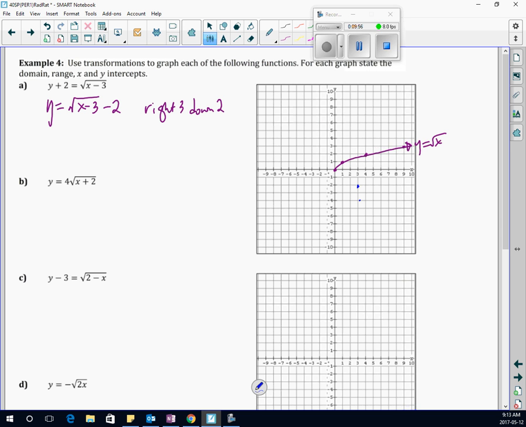Right 3, down 2. So this is y equals the square root of x minus 3, minus 2. I don't know why there's that additional dot right there.